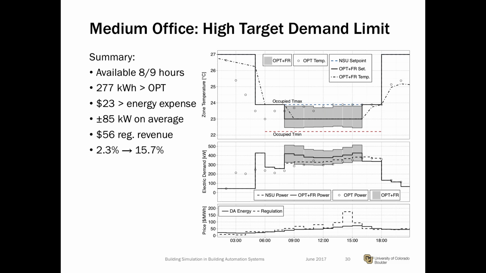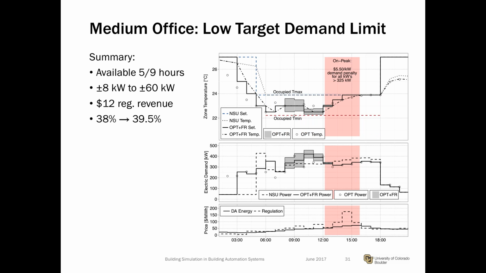So what happens if in the afternoon we are constrained? We cannot do just everything we want to do. We have a low target demand, and let's say the target demand limit is 325 kilowatts for this building. You can see that for these afternoon hours, we are basically maintaining this building under 325 kW. That is less than the baseline operation shown in dashed, but the optimizer stops playing the frequency regulation market pretty much at the beginning of that demand period of the afternoon hours.